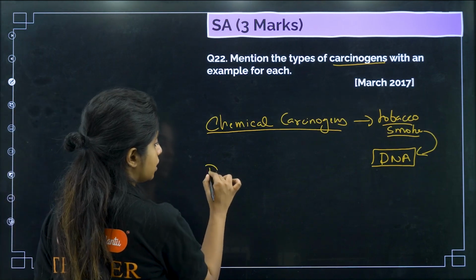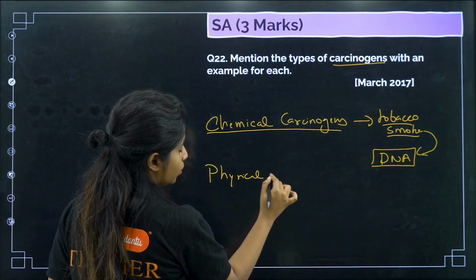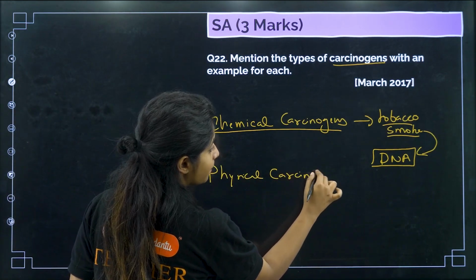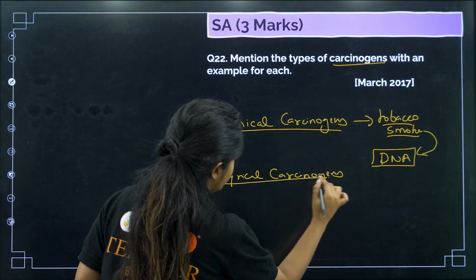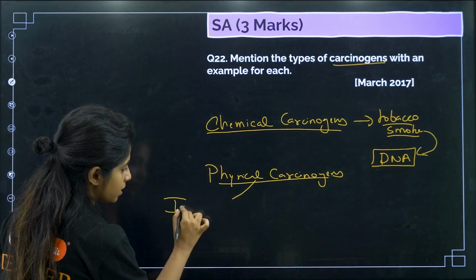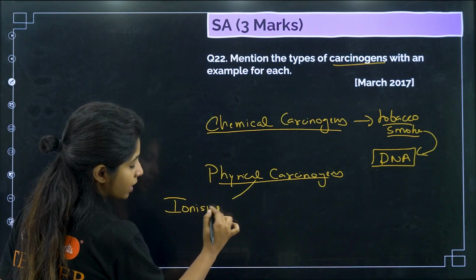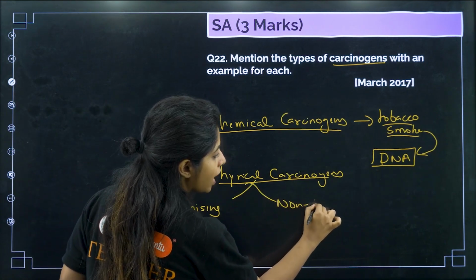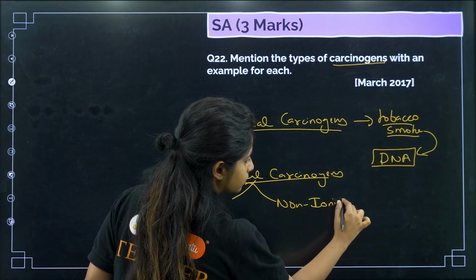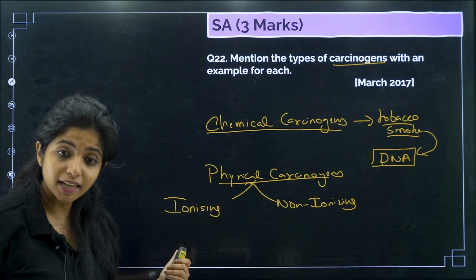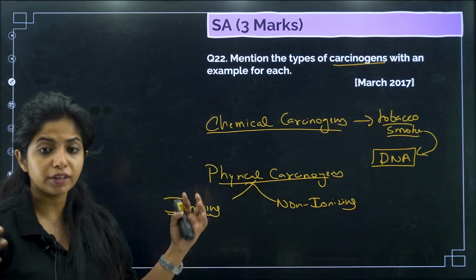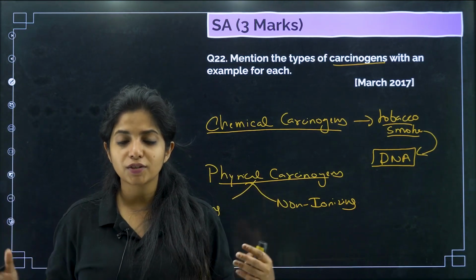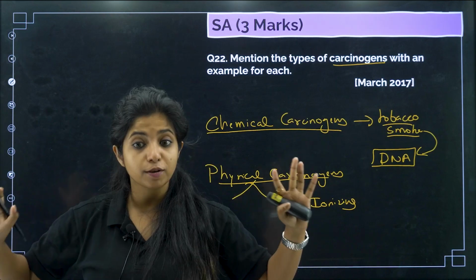Then comes physical carcinogen. For example, certain radiations. You have 2 types of radiation. One is ionizing and the other one is non-ionizing. Ionizing are the ones that go into the atom, bringing out certain ions, so it is going to cause huge damage to your DNA.